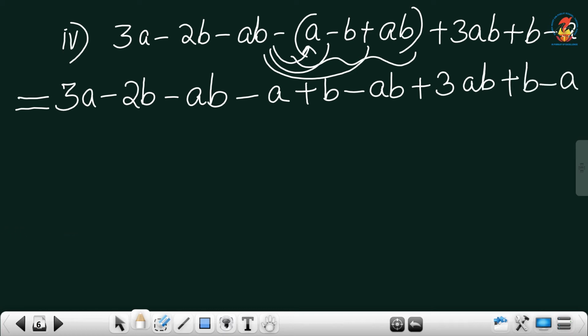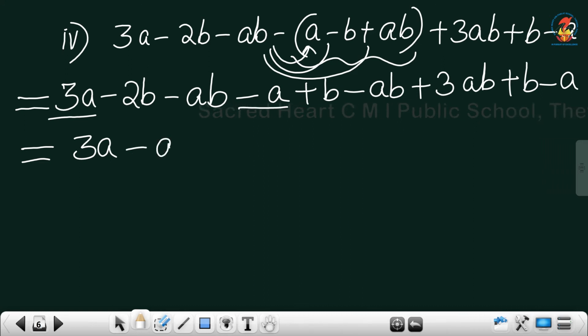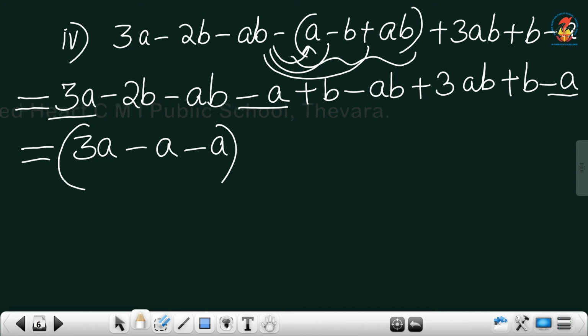Now you have to group the like terms. Like terms means what? Same variable with same power. Now here 3a, which terms have a as the variable? Here a, here it is minus a, then here also a. So we can group these together. This is one group you got. Now, which terms have b as a variable?